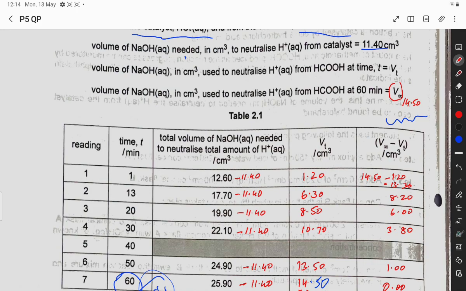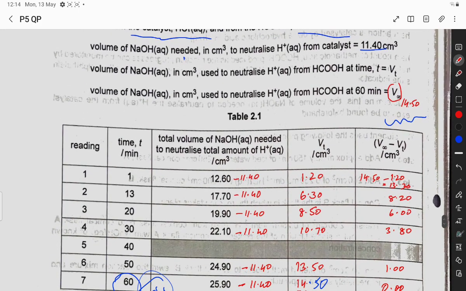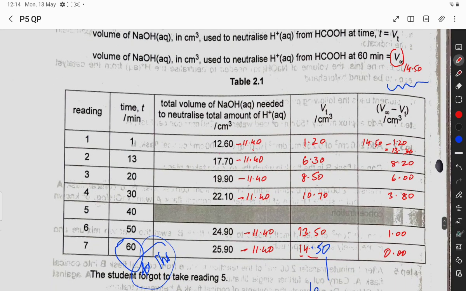So this is the volume of sodium hydroxide needed to neutralize. So the Vt is equal to 1.20 by subtracting this value from this value. So 6.30, 8.50, 10.70 and 13.50, and this is 14.50.